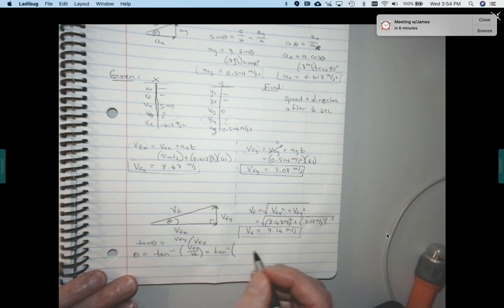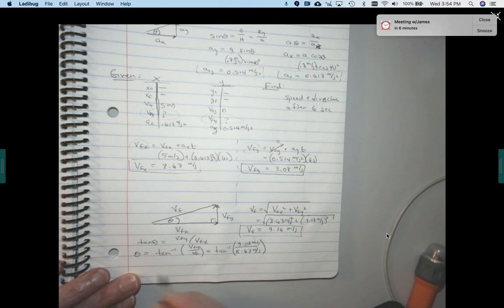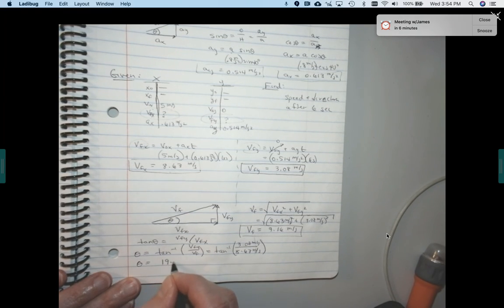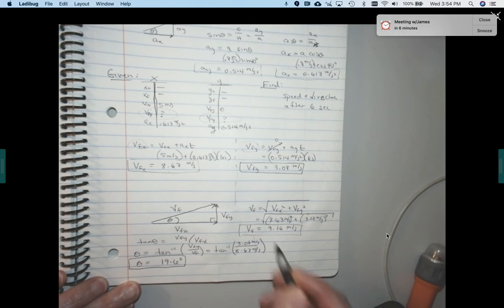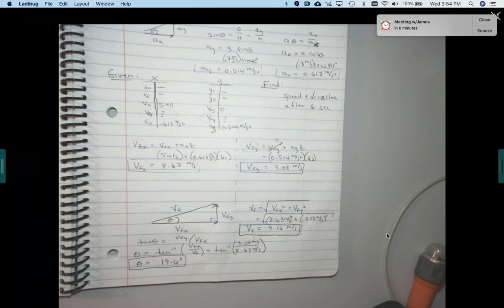V final y, we said, was 3.08 meters per second. V final x is 8.63 meters per second. My units cancel out, which is good. And if you calculate that, I got theta is 19.6 degrees. And that's that. So pretty good, right?